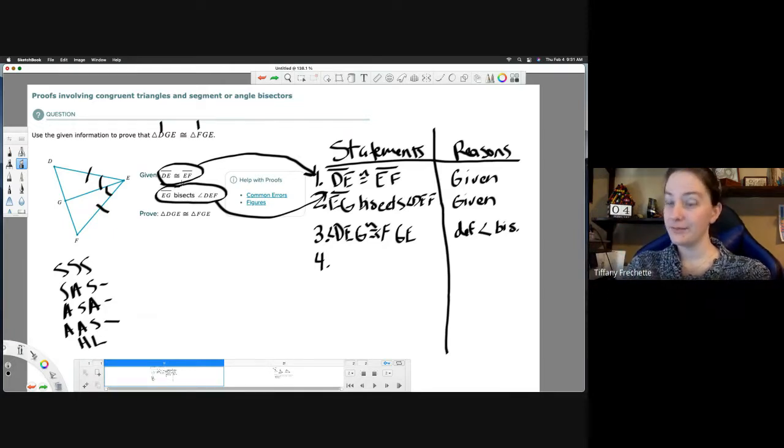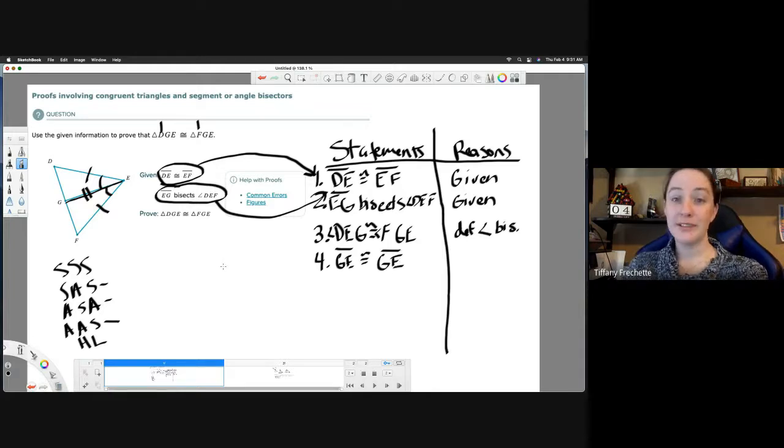Can I prove it? All right, so one big one, and you're going to use this a lot, especially when they have a shared line like this one. We know that the line GE is equal to itself. Both triangles have that line GE in them. So GE is congruent to GE.